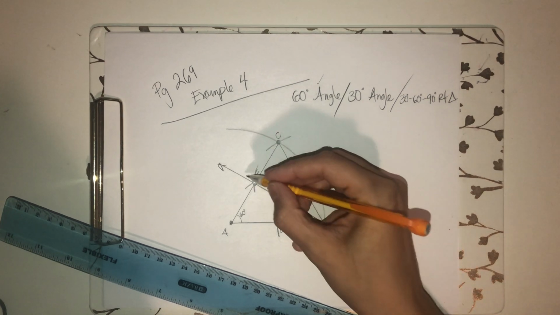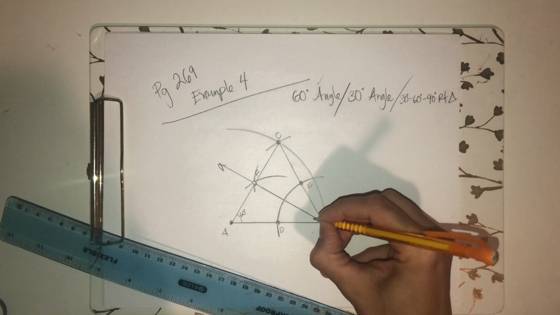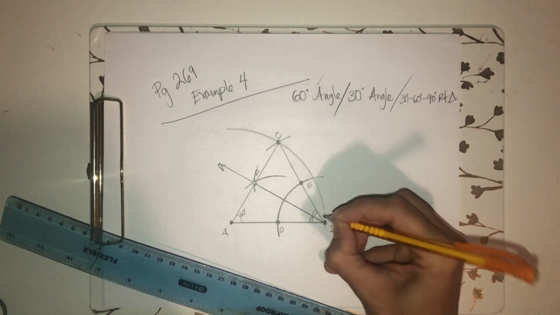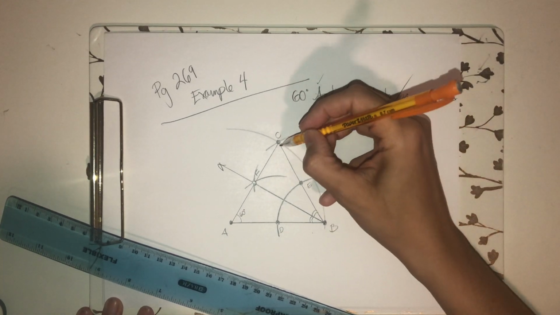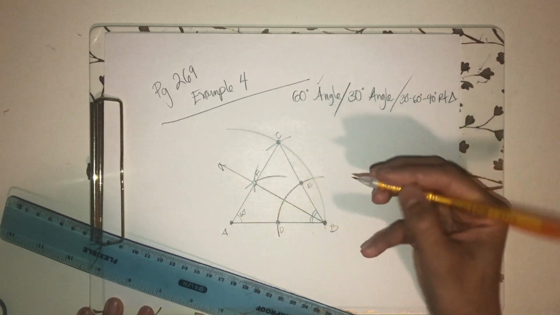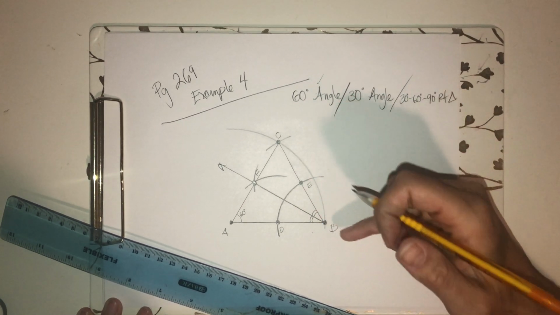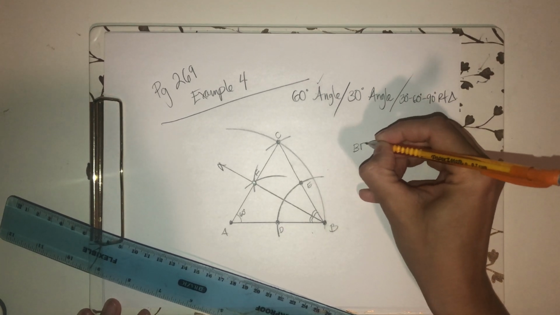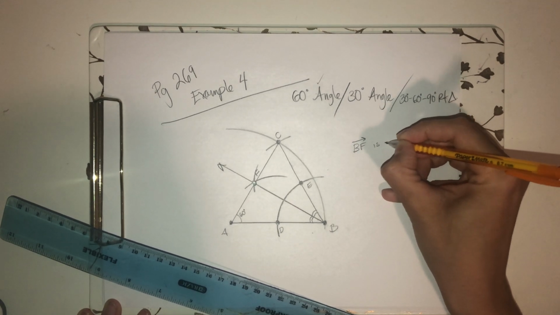Since we know that this BF ray is an angle bisector, we know that these two interior angles are congruent to each other, and since we know that the collective angle CBA is 60 degrees, same as angle A over here, these interior angles that resulted from the angle bisector BF, in fact, I'll label ray BF as an angle bisector.